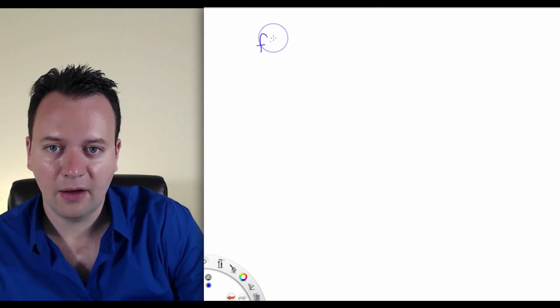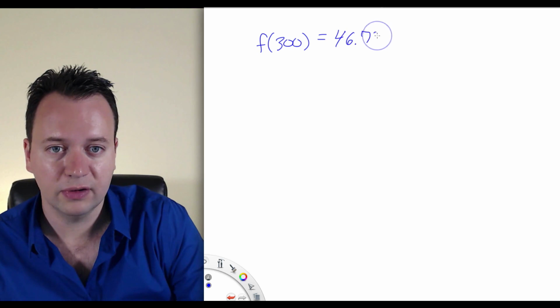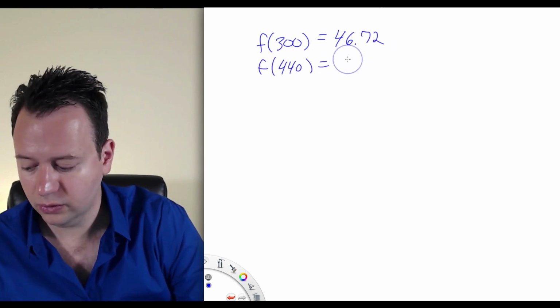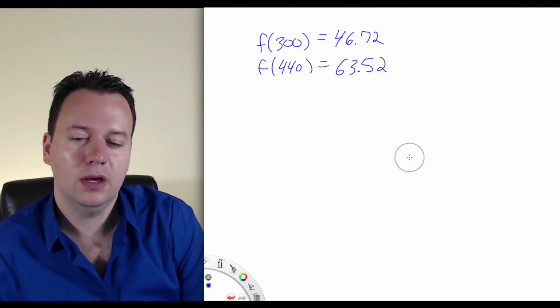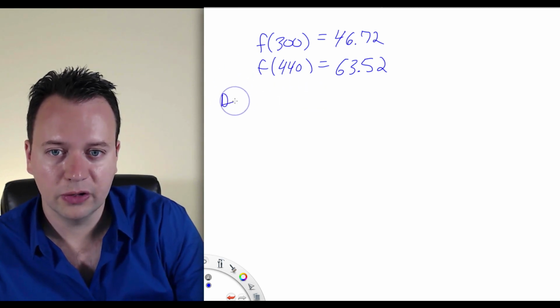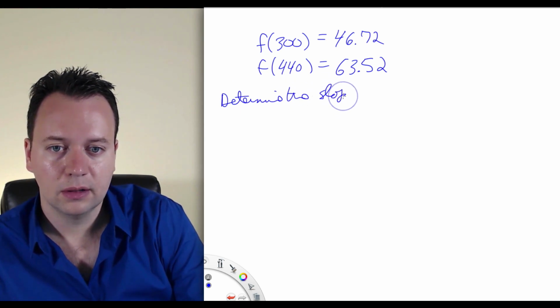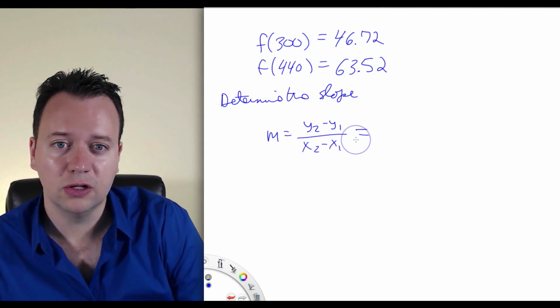So we have f of 300 is equal to 46.72, and f of 440 is equal to 63.52. The first thing to do here is to figure out what the slope is. So let's determine the slope. The slope is y2 minus y1 over x2 minus x1. It's always the change of y over the change of x.